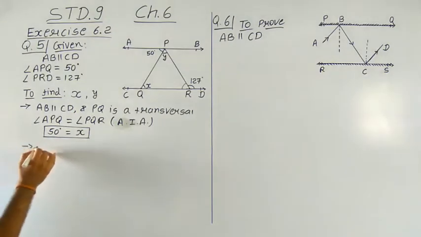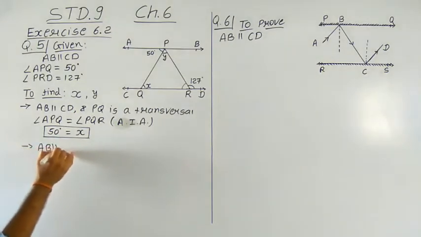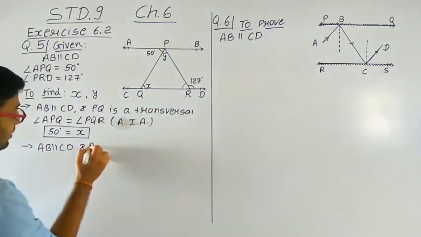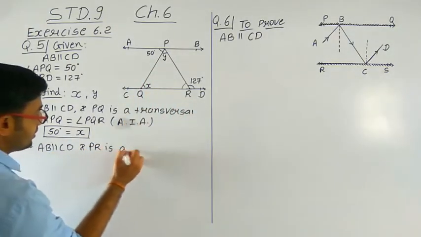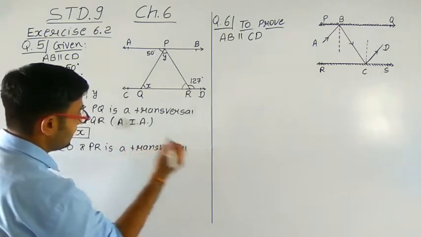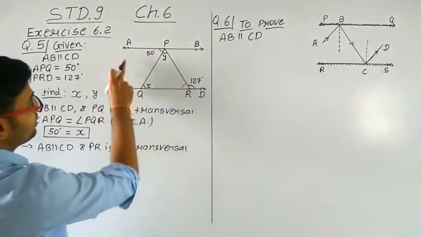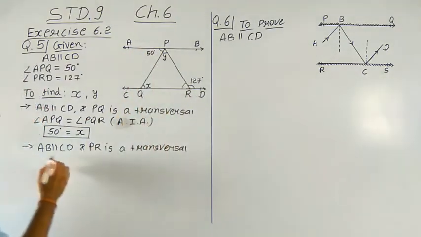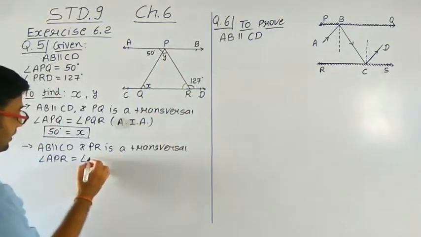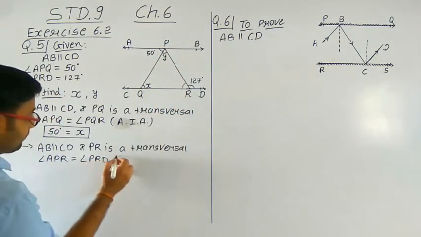Here we can write down that line AB is parallel to CD and PR is a transversal, right? So now we can write down angle APR will be equal to angle PRD. Why?